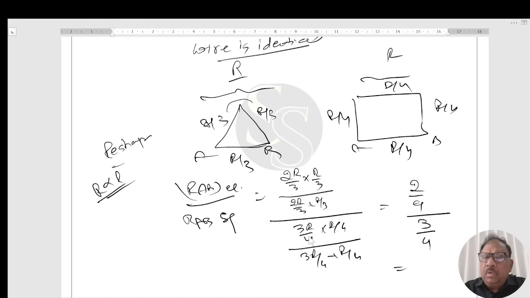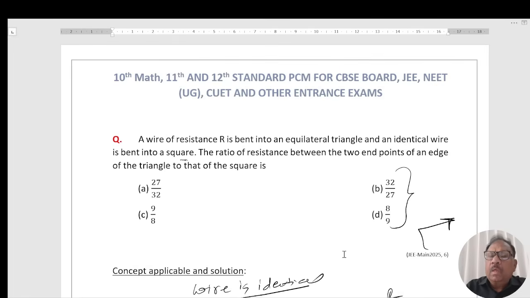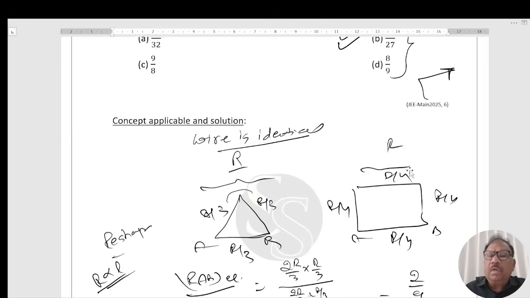So this comes out to be 32/27. B option is the correct option.